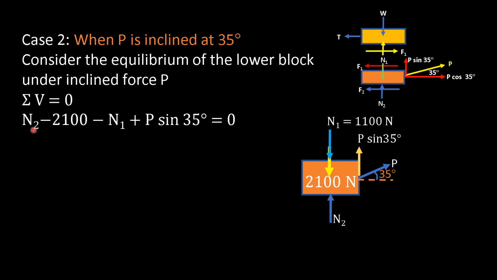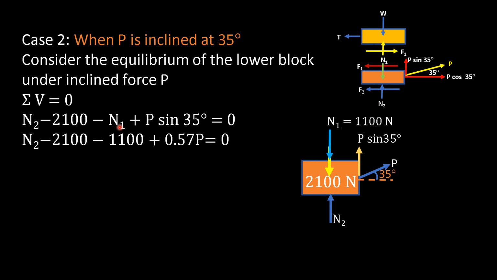We have N2 minus 2100 minus N1 plus P sine 35 degrees equals 0. N2 is positive because it is upwards. 2100 is negative because it is downwards. N1 is negative because it is downwards. And P sine 35 degrees is upwards, so it is positive.